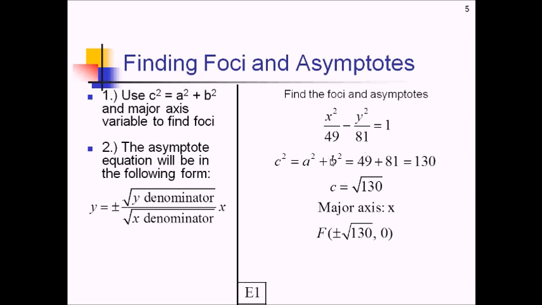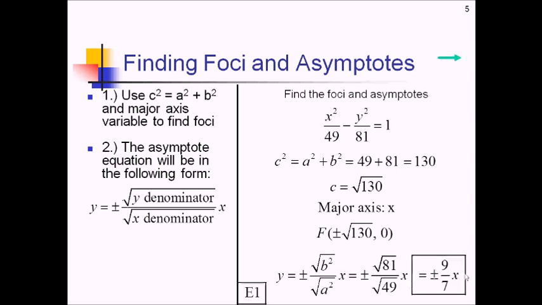So we're going to have the square root of 81 over the square root of 49. Square root of b squared over square root of a squared for this. So that's going to be plus or minus 9 over 7, x. If this had been major axis y, so that the y's came first, then you would have plus or minus 7 over 9. So it all depends on your major axis.